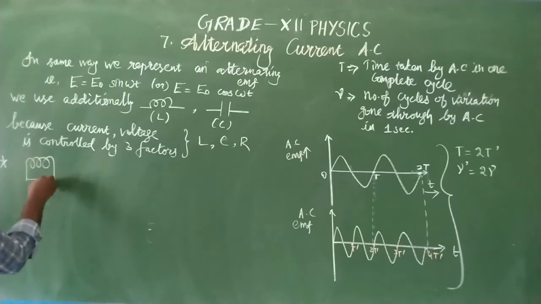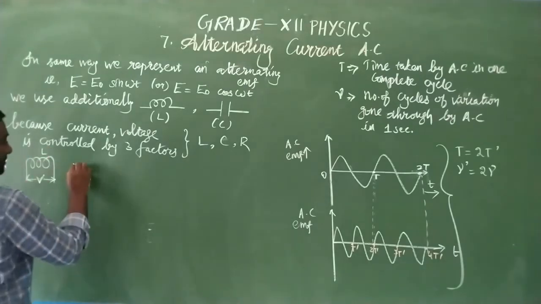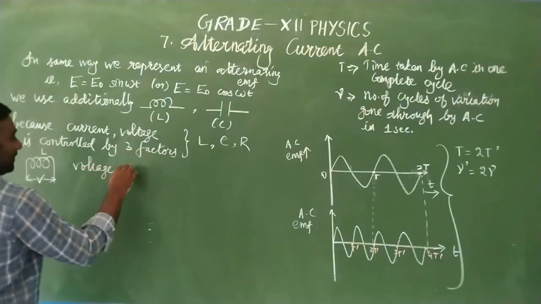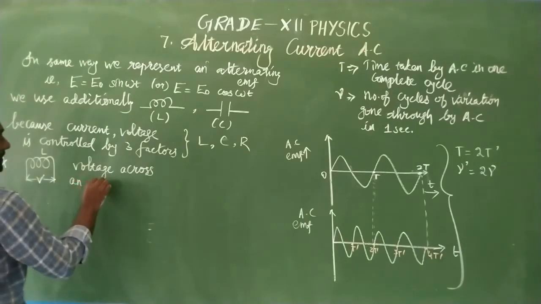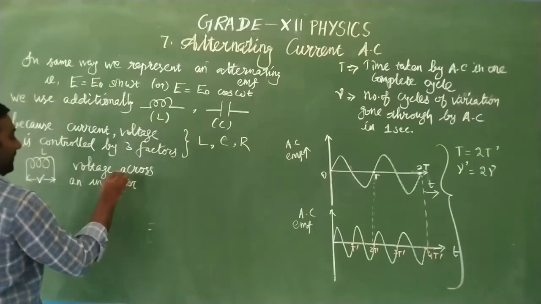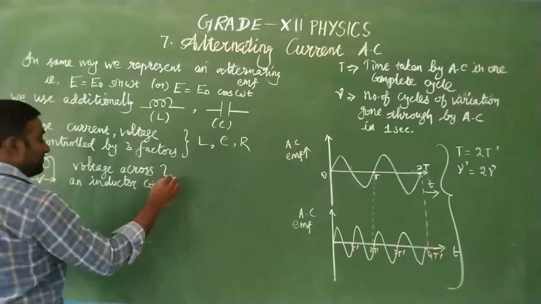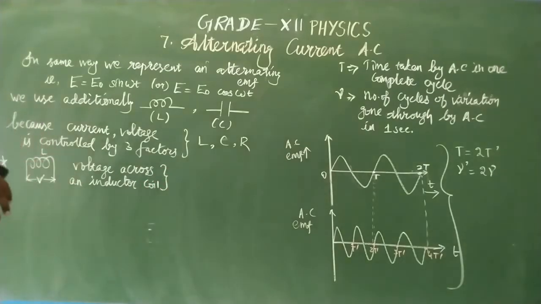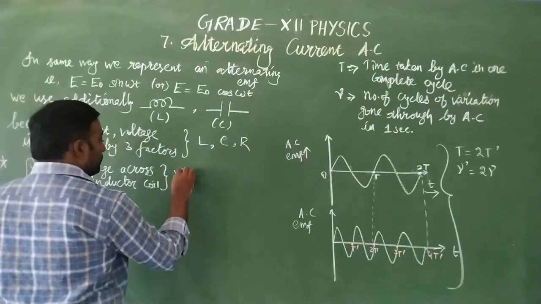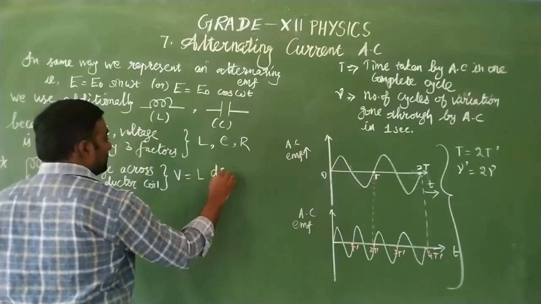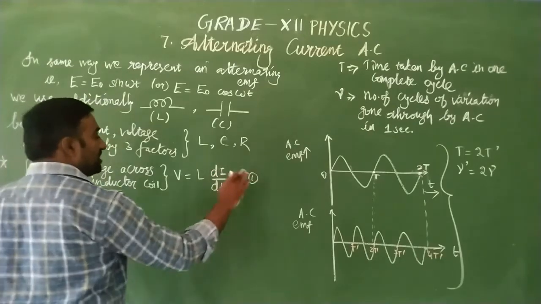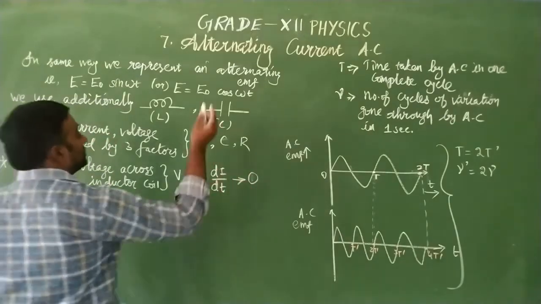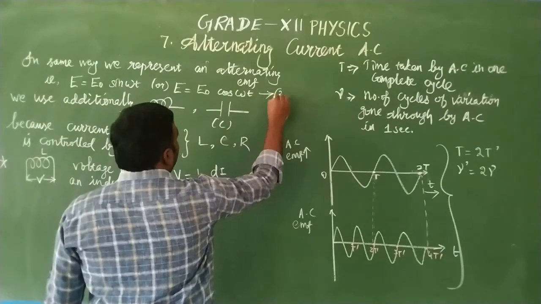Across the inductor coil L, we can find the voltage. The voltage across an inductor coil is given by V is equal to L into di by dt. This is one equation. Already we have seen the current equation, that is equation 1, and the EMF is equation 2.